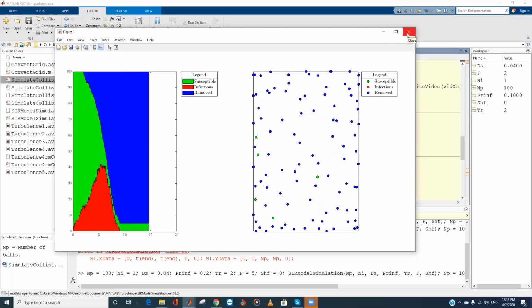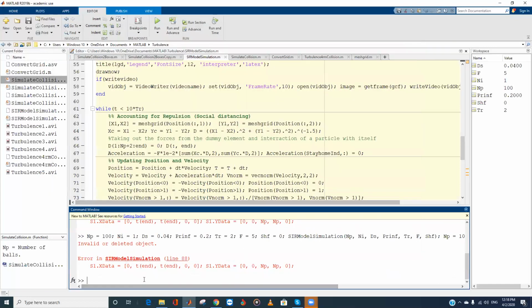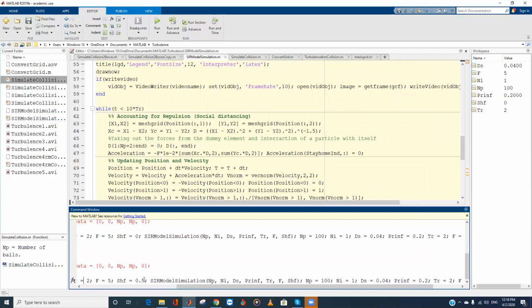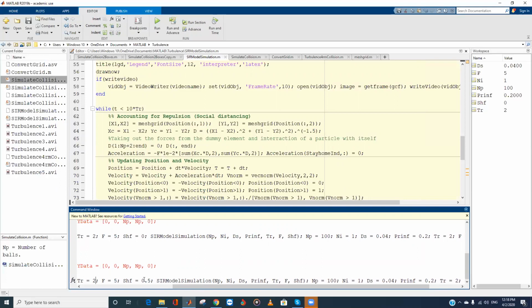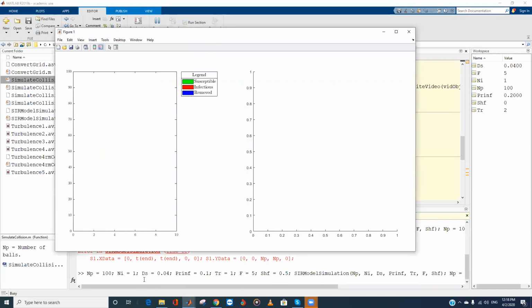So I'm going to change all those factors. Let me keep this one at 0.5. I leave F at 5. The TR, I take to 1, and then give this one 0.1. Now let us see what the result is.